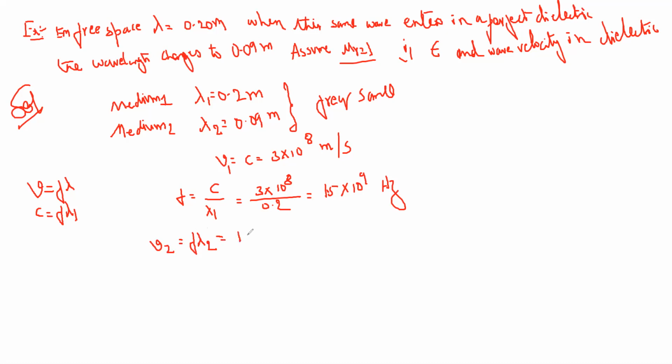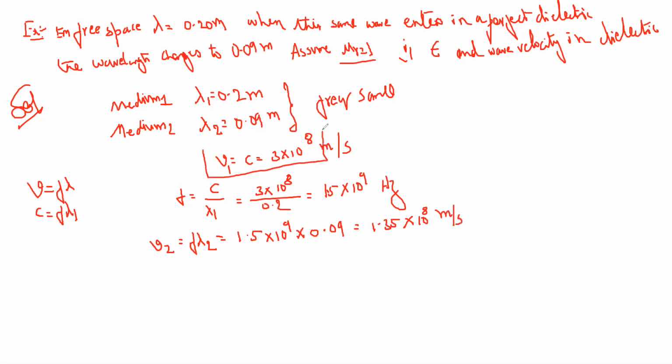What is the f here? 1.5 into 10 power 9, and in medium 2 the wavelength is 0.09. That velocity V2, we got as 1.35 into 10 to the power of 8 meters per second.